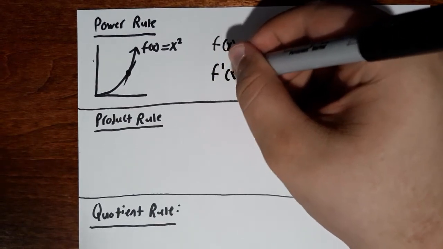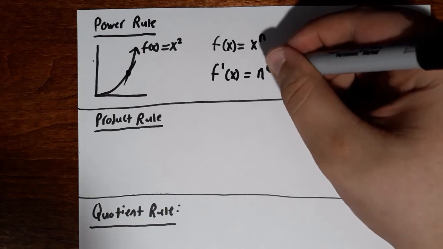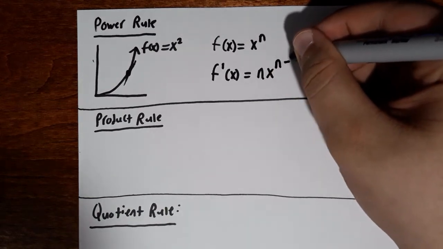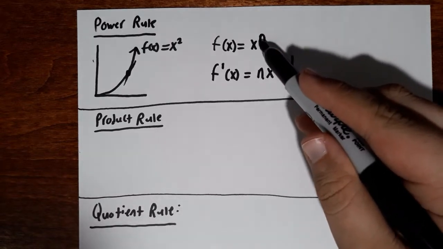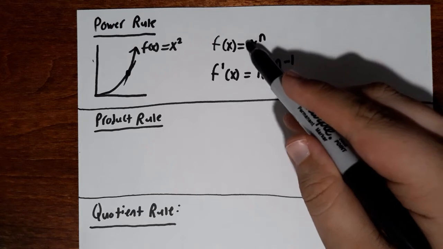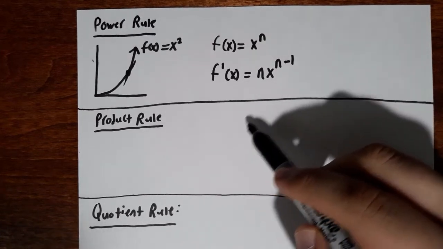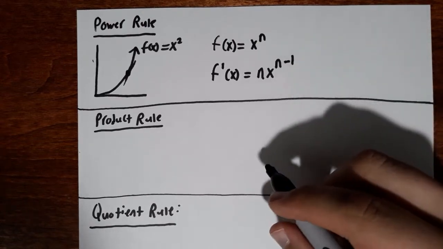Then the derivative of that function is going to equal n x to the n minus 1. So all the power rule is saying is that you take your exponent from your function and you bring it down to the front as a constant multiplier, and you subtract the exponent of your variable by 1.